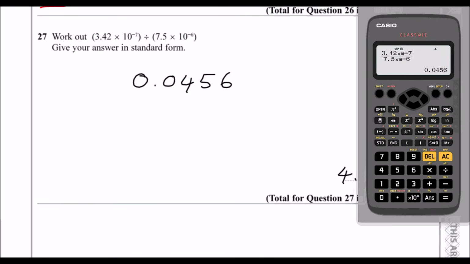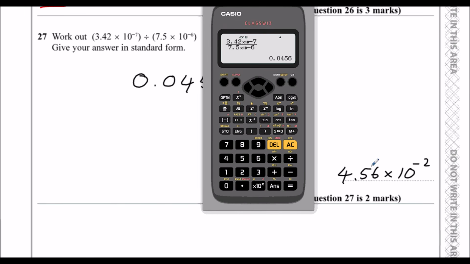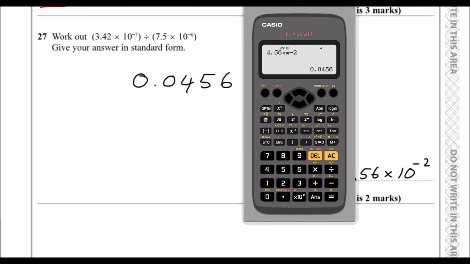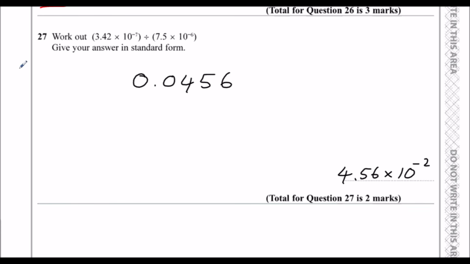And I can check my answer by typing this in the calculator. So 4.56 times 10 to the power of negative 2, press equals, and that takes me back to 0.0456. So I know I have the correct answer.